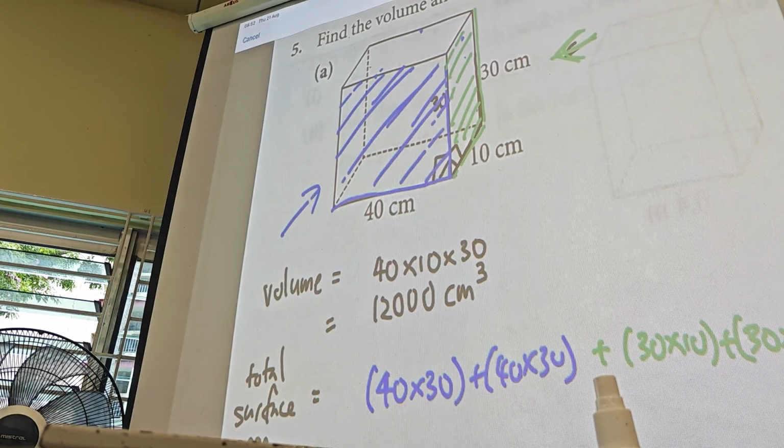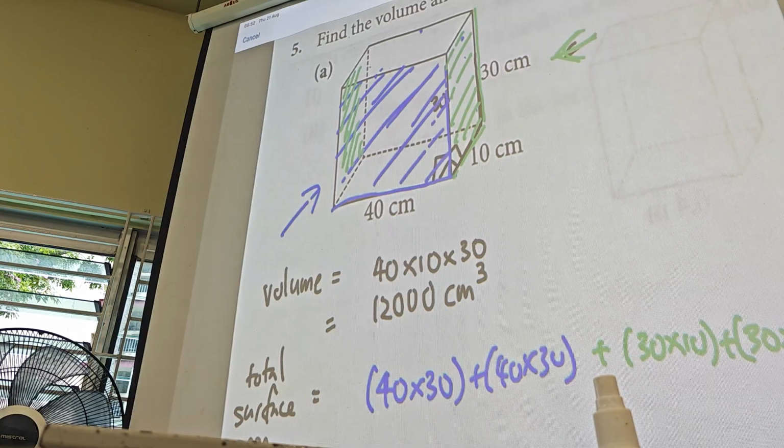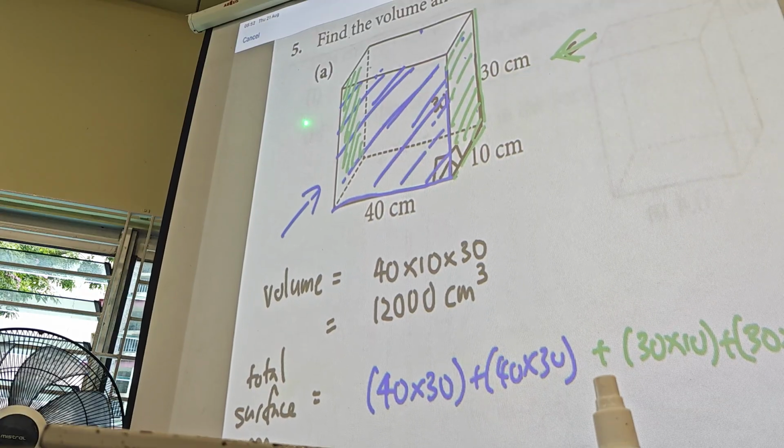Because from the right, I have this green one. From the left, this side, I also have the exact same amount of area. So there are 2 of them also. Just like my front and back, this is my left and right. So I covered front, back, left, right.